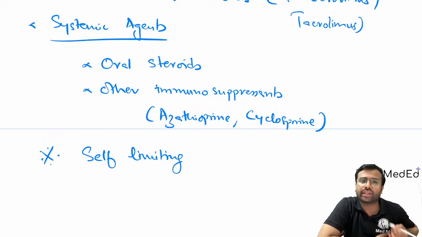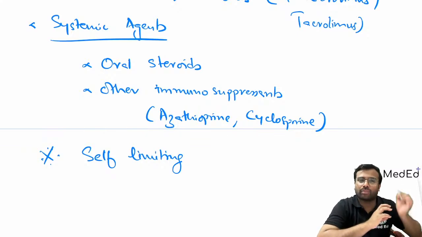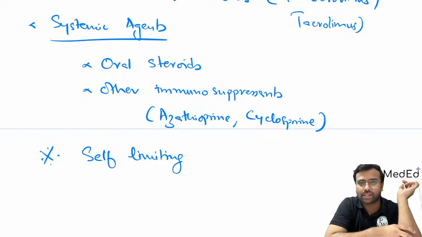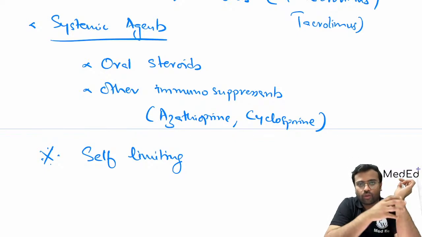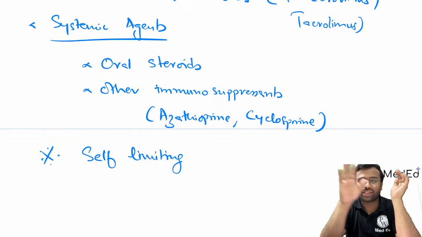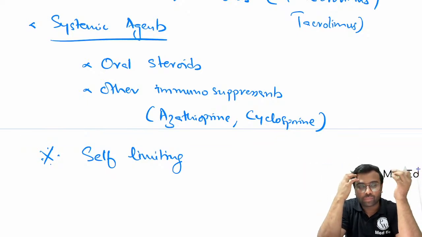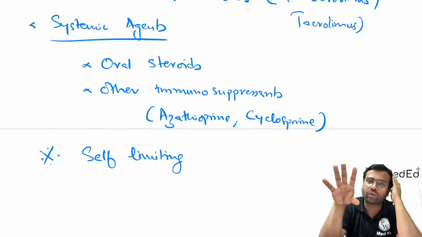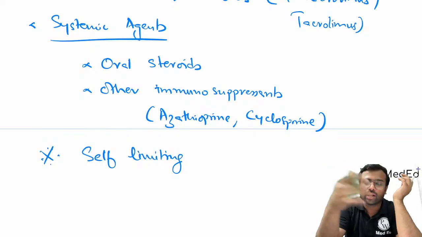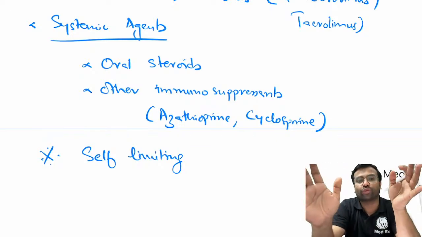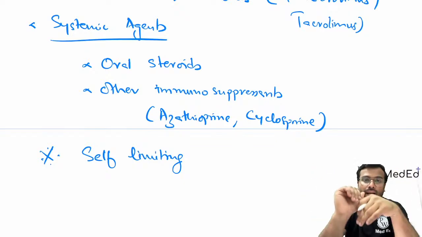That there is no need to give any treatment, right? So this can be self-limiting. But imagine a patient who has a lot of pruritic, that is itchy, lesions over the trunk. Can we just wait and watch? We definitely will have to go for treatment, isn't it? So that is why this self-limiting thing is only theoretical. In most of the cases, we will have to go for treatment when it comes to the practical aspect.